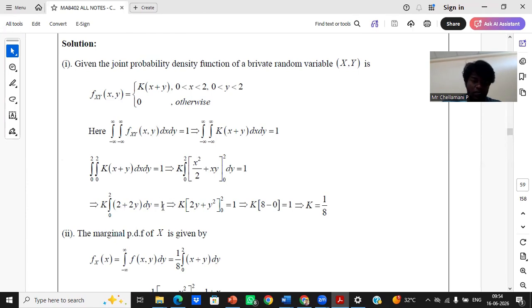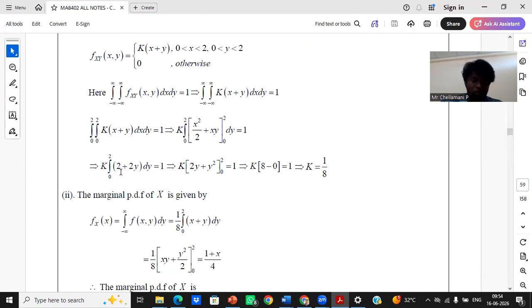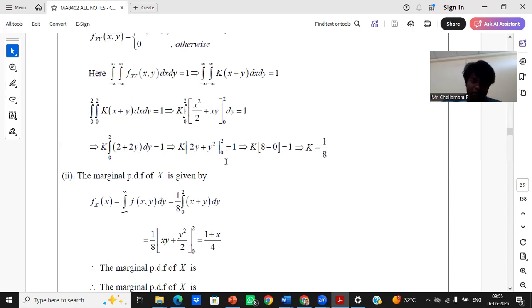Next we integrate with respect to y, which gives 2y plus y squared. Substituting the upper and lower limits, we get 8k is equal to 1, then k is equal to 1 by 8. Our k value is 1 by 8.